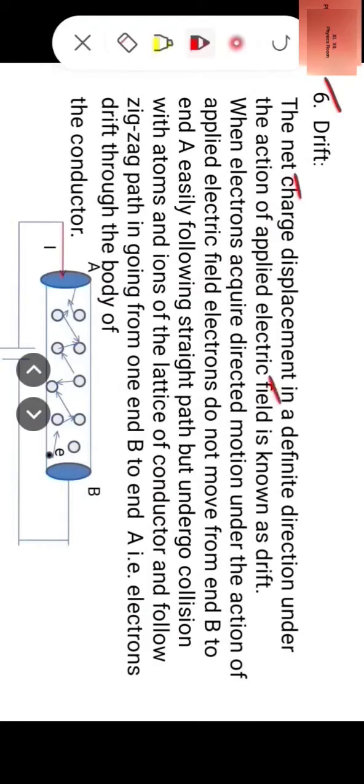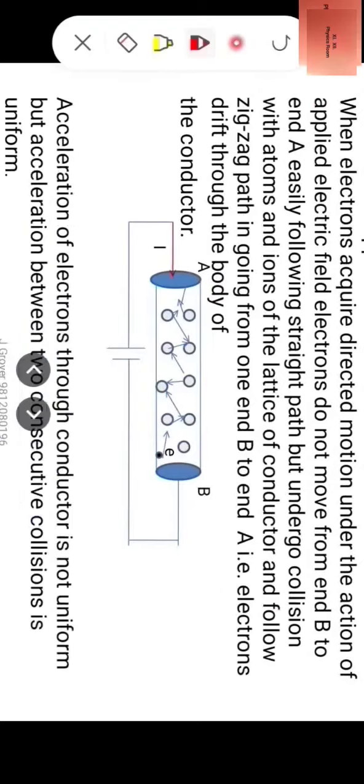field is known as drift. I repeat, the net charge displacement in a definite direction under the action of applied electric field is known as drift.